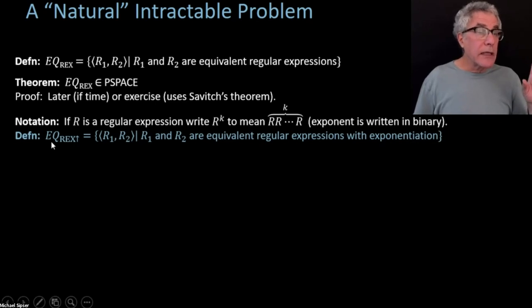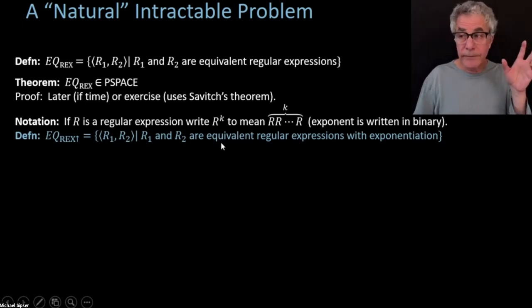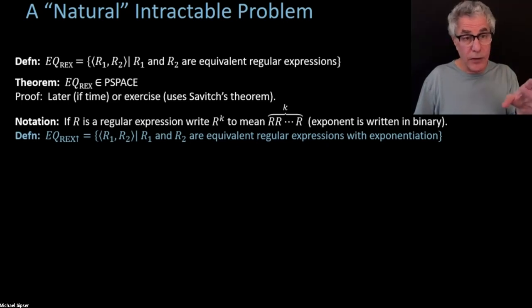So now the equivalence problem for regular expressions with exponentiation, that's what that little up arrow signifies. Now I'm giving you two regular expressions, but they're allowed to have the exponentiation operation in addition to the standard regular operations.